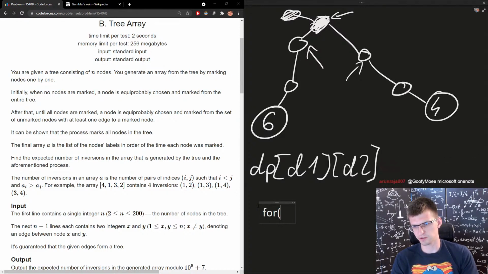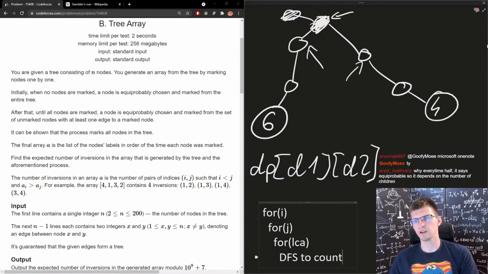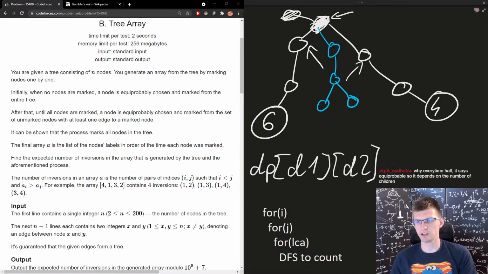If you have this for i, for j, for every node in the path between i and j, and here we run DFS in order to count how many possible starting nodes there are, including this guy, everything that grows here. Everything here works the same way, because eventually you will make this one sick.